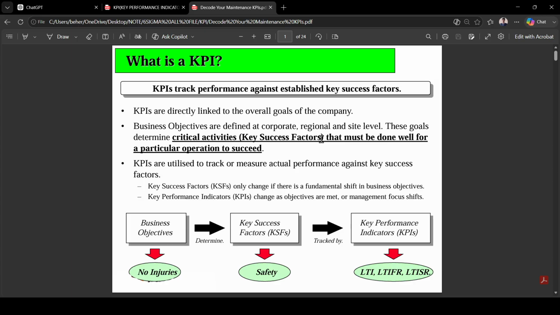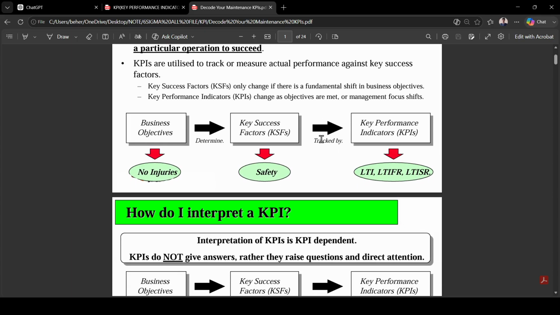Key success factors, KSF, only change if there is a fundamental shift in business objective. Key performance indicators change as objectives are met or management focus shifts. See the image: business objective equals no injury, key success factor equals safety, key performance indicator equals LTI, LTIFR or LTSR.